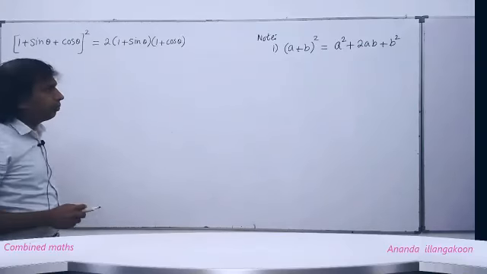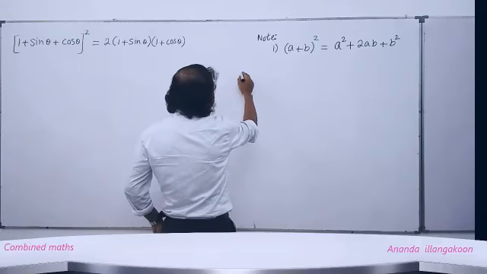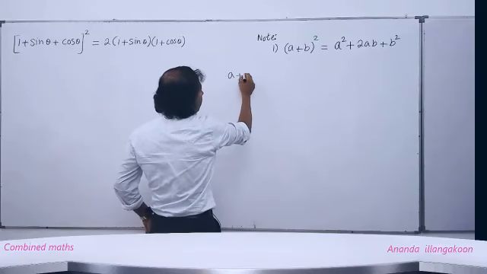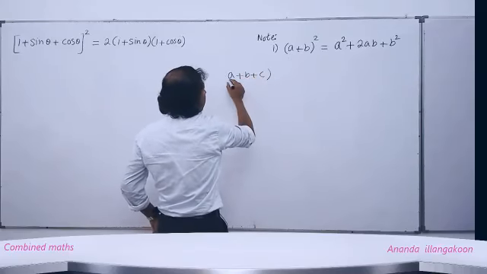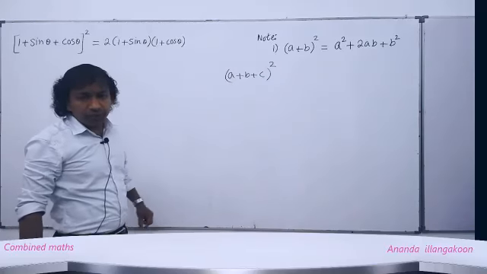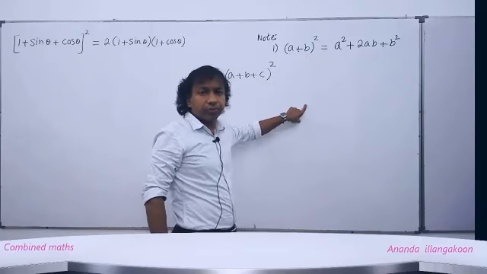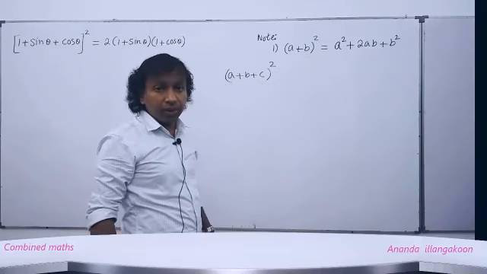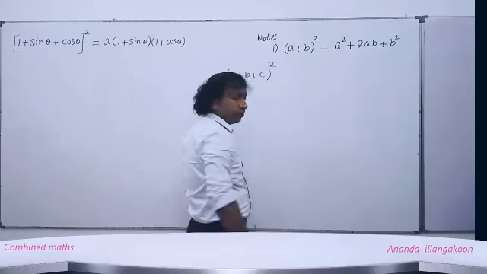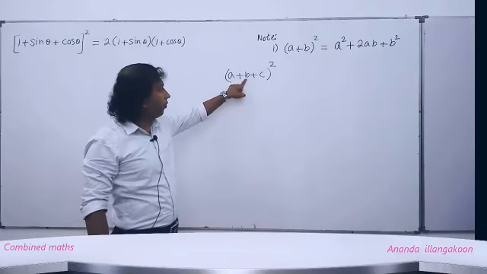Okay, people, suppose the next one is another one, a plus b plus c squared. So this is called two terms here. Two means bi. This is called binomial. Two terms in that. There are three terms in it.